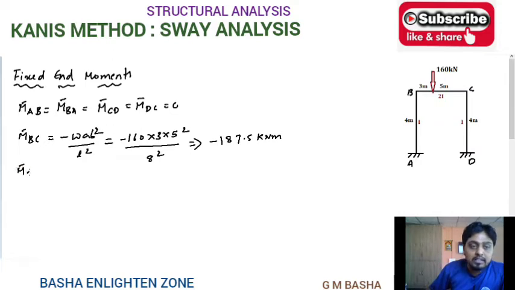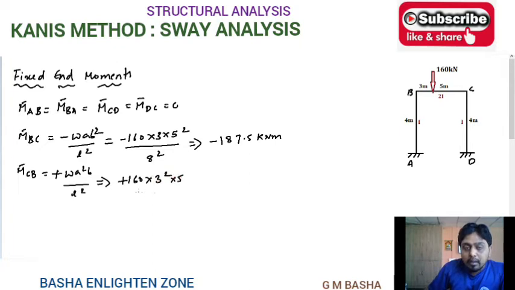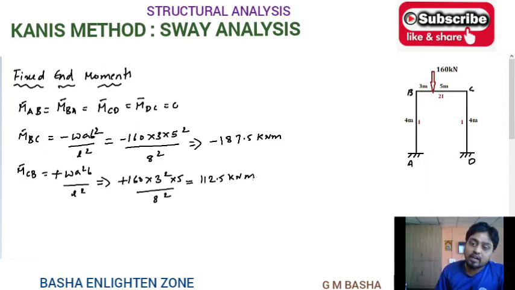Similarly, M bar CB will be equal to plus W A square B by L square, with the same values, divided by 8 square. Simplify this, and you will get around 112.5 kilonewton meter.